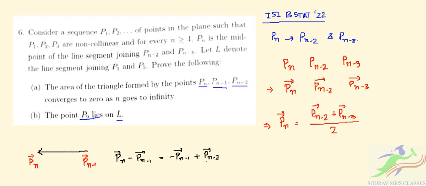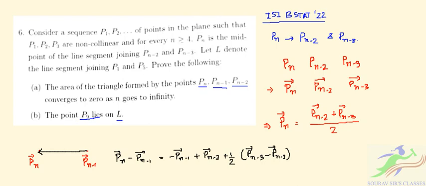So we add this Pn minus 2. If we want to subtract Pn minus 2, in that place we can write half of Pn minus 3 minus Pn minus 2, the midpoint.